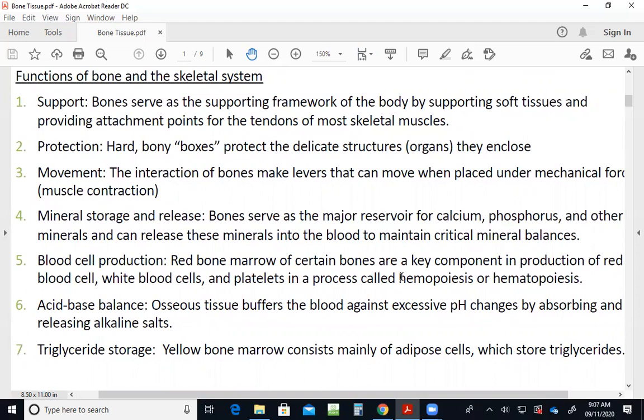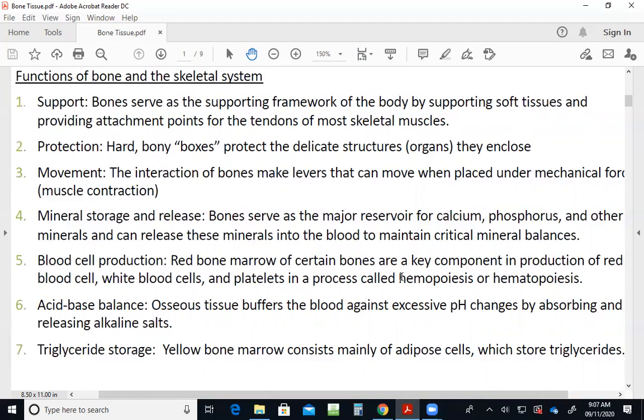The first two, probably the most prominent, common sense type, are support and protection. Bones serve as the supporting framework of the body by supporting soft tissues and providing attachment points for tendons of skeletal muscles. Hard bony boxes protect the delicate organs that they enclose.